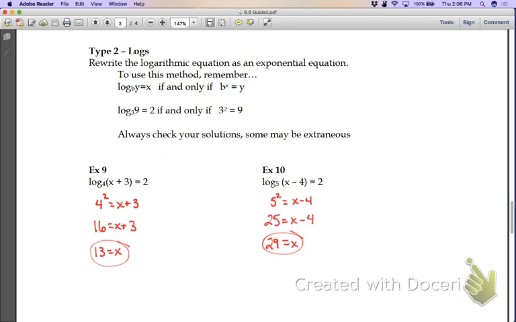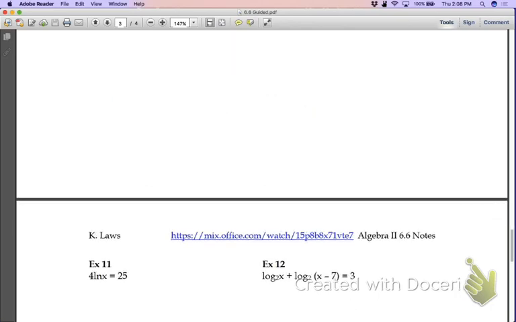You did it 16 times, because you had to find the x-intercept every single time, or you were supposed to. So you've already done this 16 times, you just didn't know it yet. You turned it into an exponential, you just had 5 to the 0 power instead of 5 to the 2nd power.